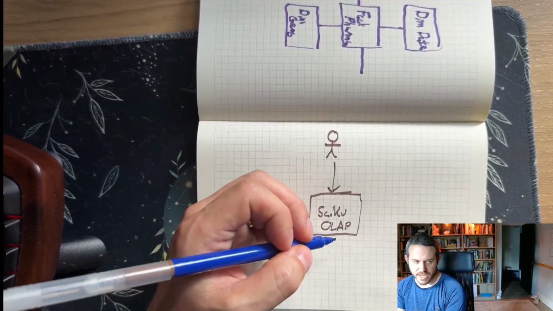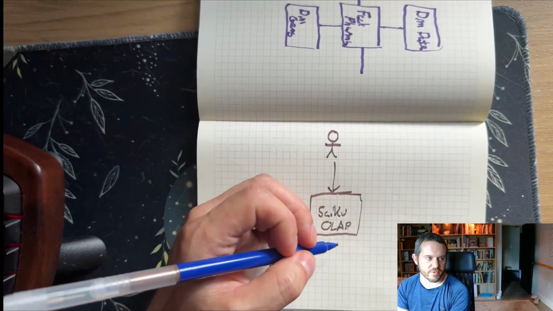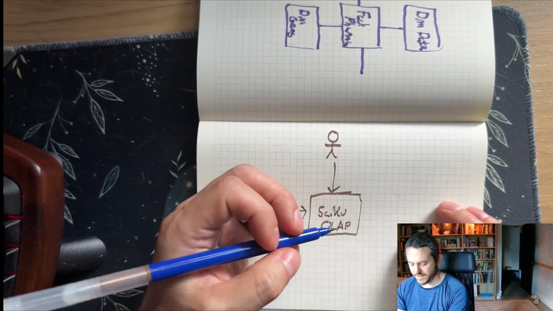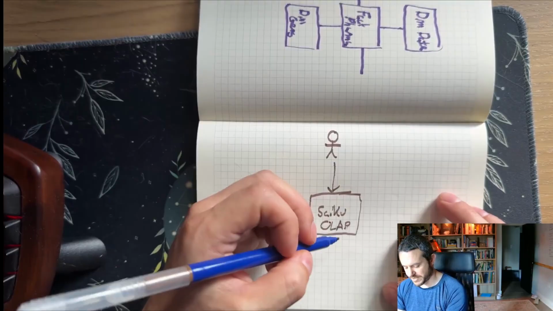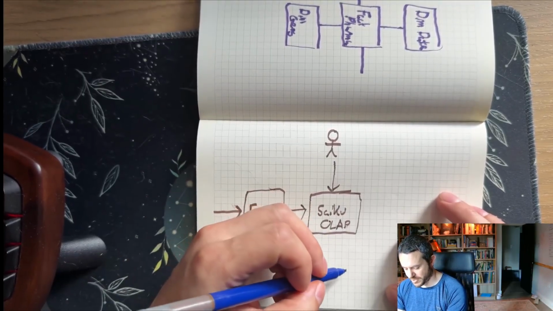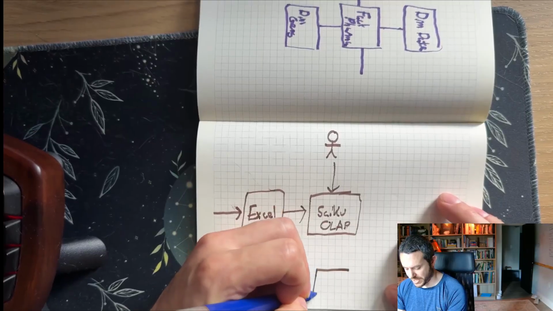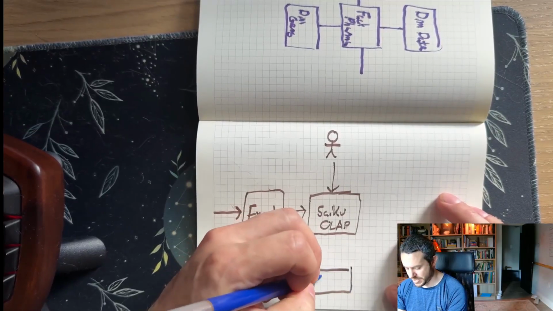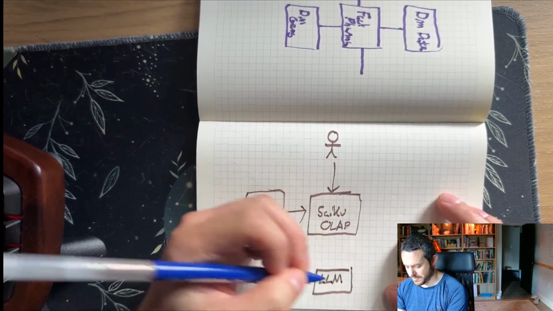Now, of course, these days, there's a bazillion and one different ways of being able to interact with the data that's inside of your database. Of course, the most obvious one that I'm about to draw down here is an LLM.